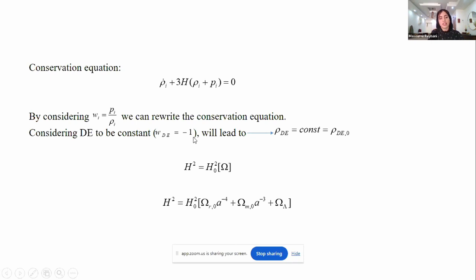And in the Friedmann equation, the density parameter does not change with the scale factor; it's constant. But what we're going to talk about is dynamical dark energy, where the equation of state and also the density parameter change with the scale factor.